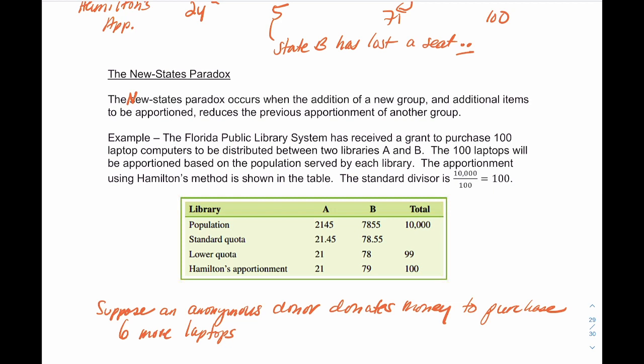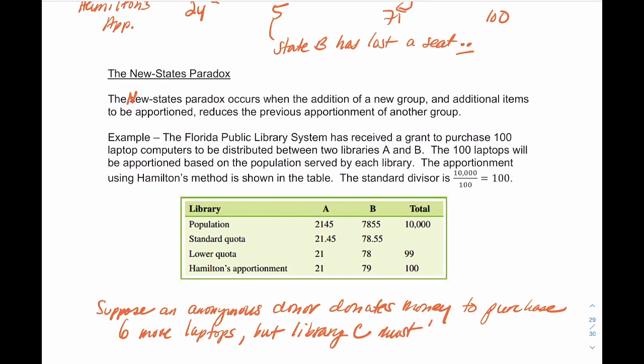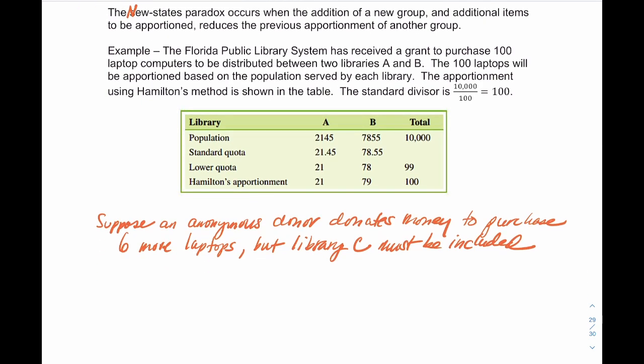The third library, which is library C, has to be included in this apportionment. Okay, so library C must be included, and they have a population of 625.